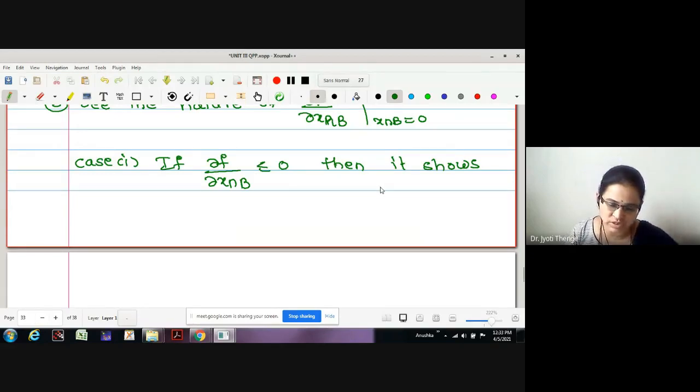Therefore, the optimal solution is obtained. There is no need to make an increment in the non-basic variable.